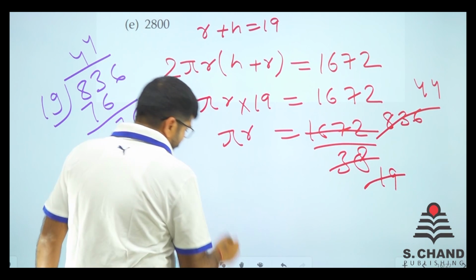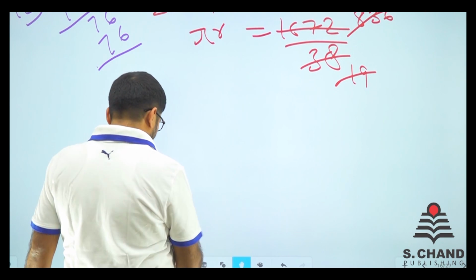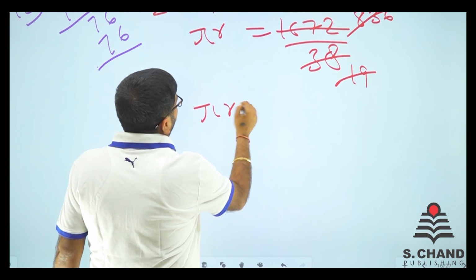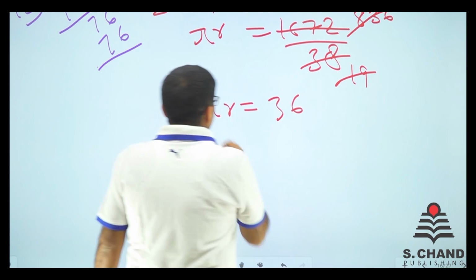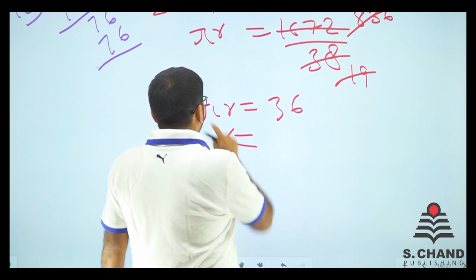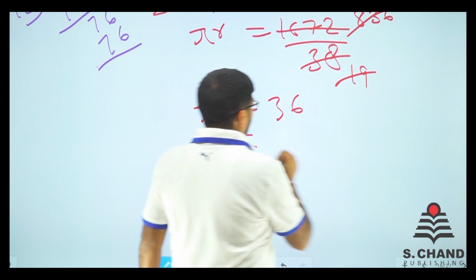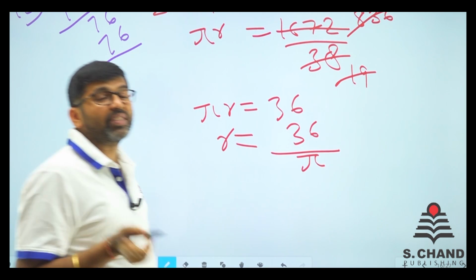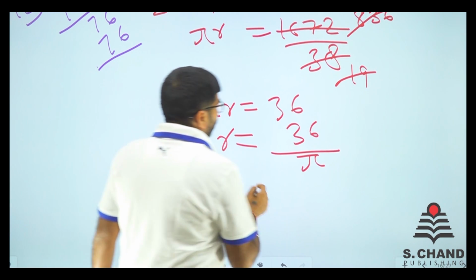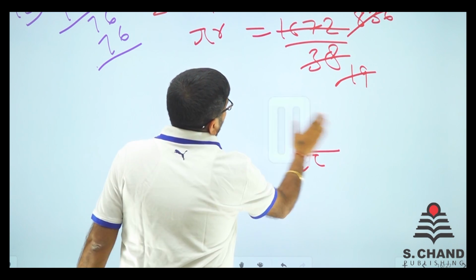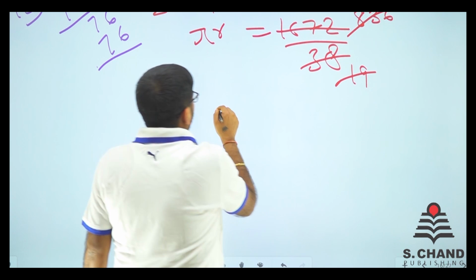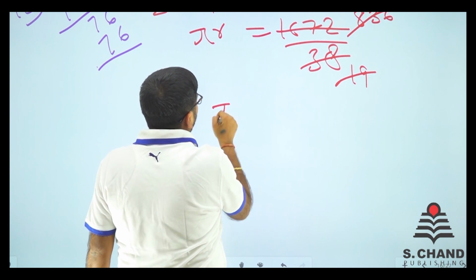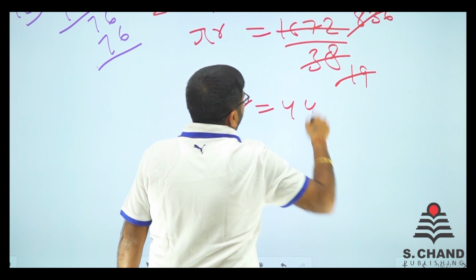So we have got pi r. See, this pi r is equal to 36. So r is equal to what? We put pi in the denominator. We have got 36 by pi. Pi's value is 22 by 7. Oh, not 36, sorry. We have to put 44, sorry. So we have got pi r is equal to 44.